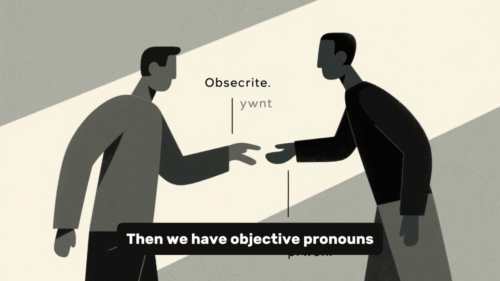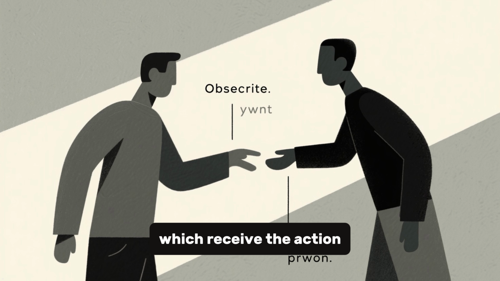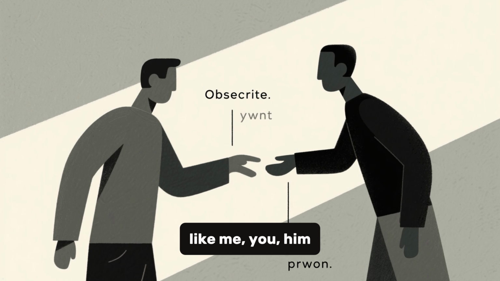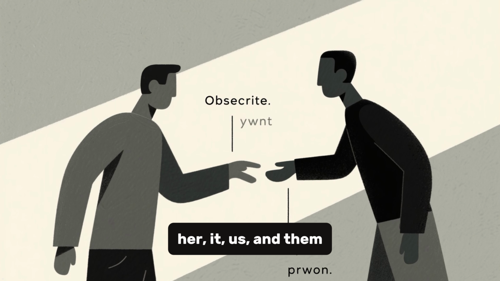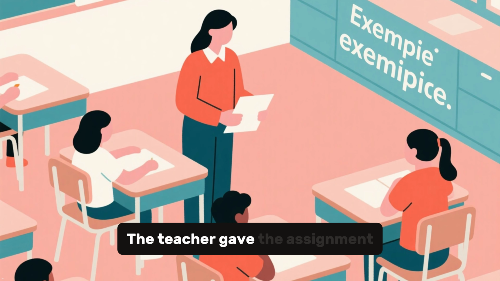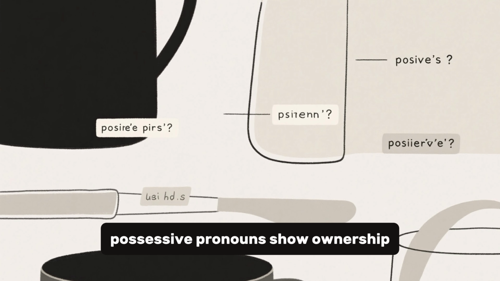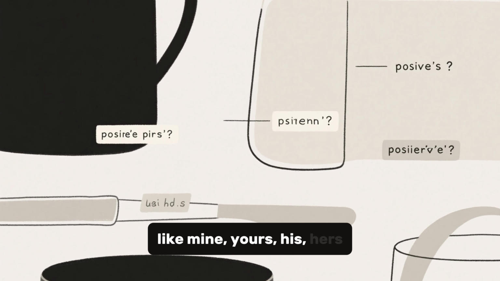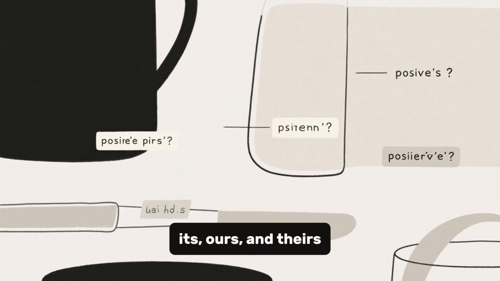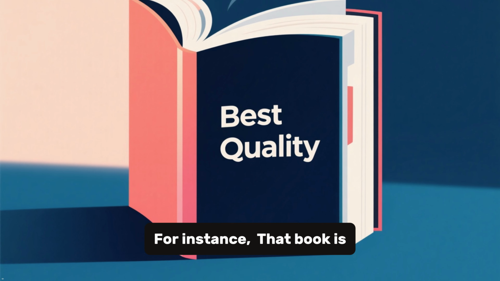Then we have objective pronouns, which receive the action, like me, you, him, her, it, us, and them. As in, "The teacher gave the assignment to us." And finally, possessive pronouns show ownership, like mine, yours, his, hers, its, ours, and theirs. For instance, "That book is mine."